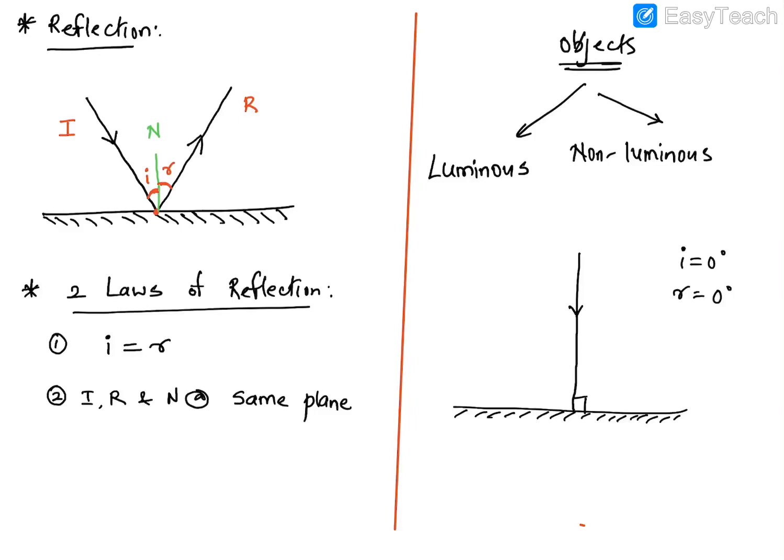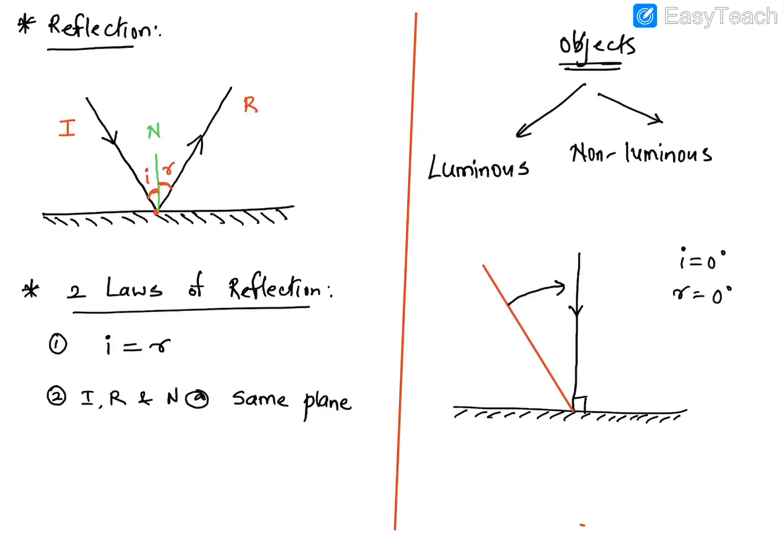Now, why is it 0 degree? See, let's say here we had an incident ray, this red color incident ray. Now you start moving this incident ray closer to the normal. As you do, what will happen to the angle of incidence?